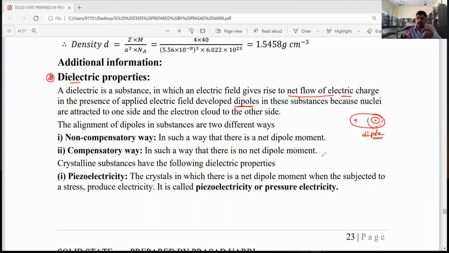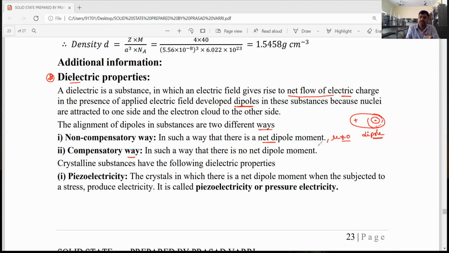These dipoles are arranged in the substance in two types. The first one is non-compensatory way, the second one is compensatory way. Non-compensatory way means the dipoles are all in the same direction, so it has net dipole moment, mu not equal to 0, because all the dipoles are in the same alignment.